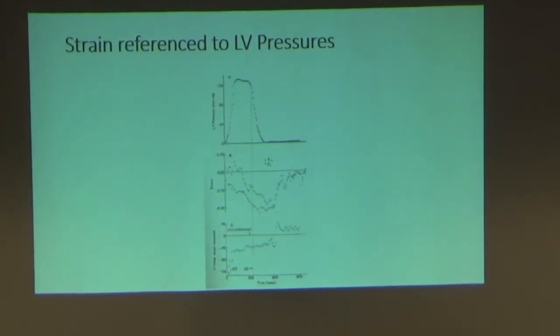In particular, if one were to index strains through the cardiac cycle and simultaneously measure the pressure curves, you see a similar thing where you have the pressure behaving as it should in classic cardiac physiology, and here the circumferential strains going through the cardiac cycle just like you would have with volume changes.